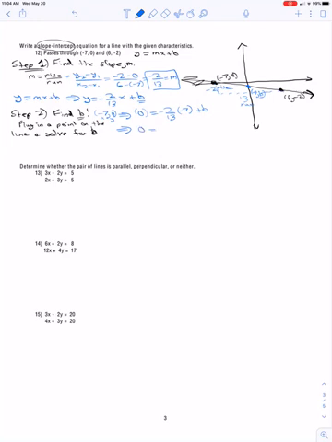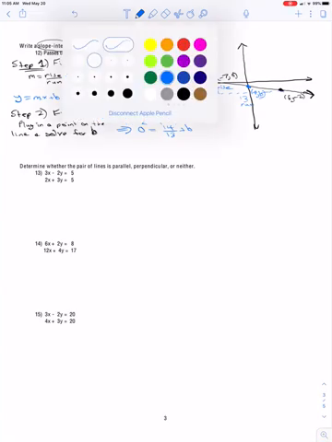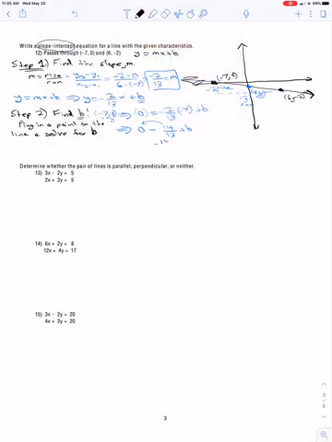So 0 = -2/13 times -7, that's 14/13, plus b. And then as we solve that for b, we've got to isolate, so we subtract 14/13 over to the other side of the equation. And we'll have what b equals. So here's our y-intercept location. b is equal to -14/13.